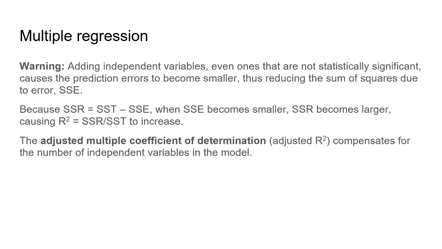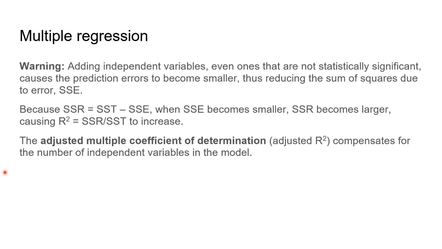Here's a note of warning though, because the more independent variables we add in a model, even the ones that are not statistically significant, causes the predictive value of our model to increase, even though our model may not actually be stronger.